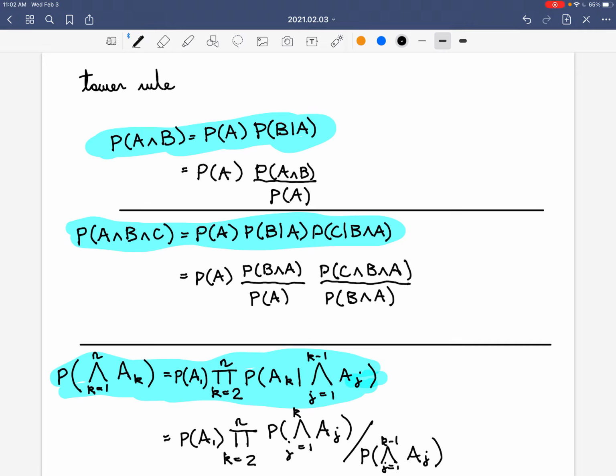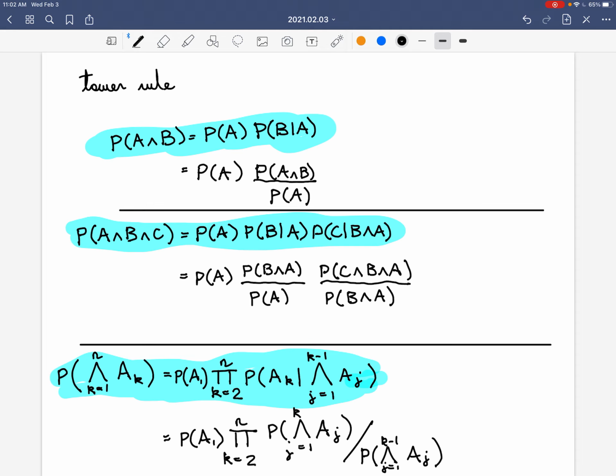And then at the bottom of the page, I have the most general form of the Tower rule for conditional probabilities, where you have an arbitrary finite conjunction of events, and you're saying the probability of A1 and A2 and A3 up to AN is the probability of A1 times the probability of A2 given A1 times the probability of A3 given A2 and A1 times the probability of A4 given A3 and A2 and A1.